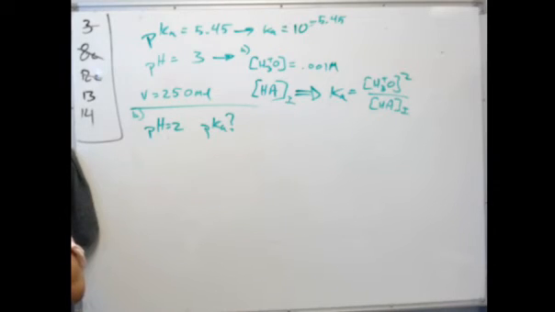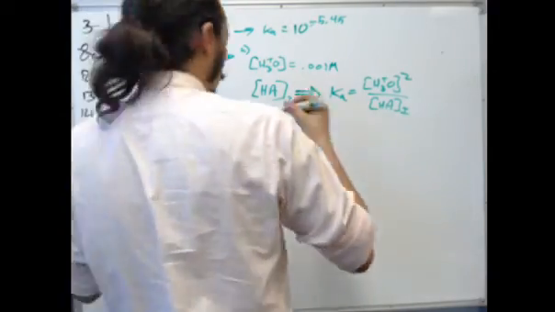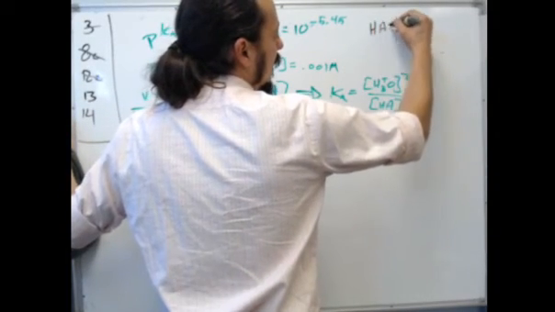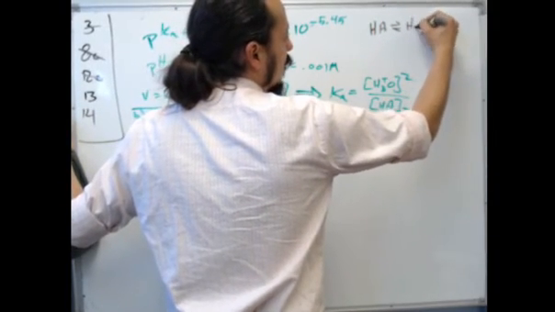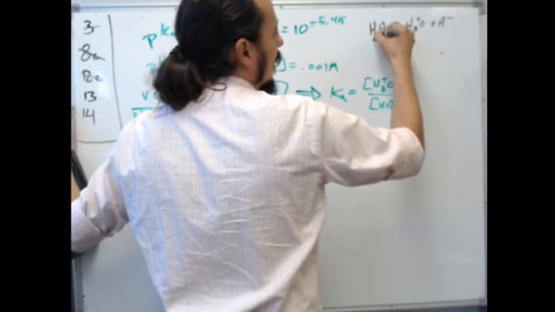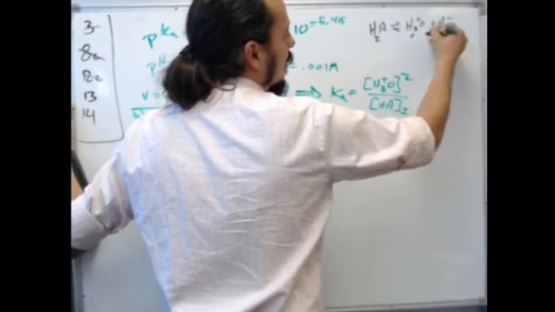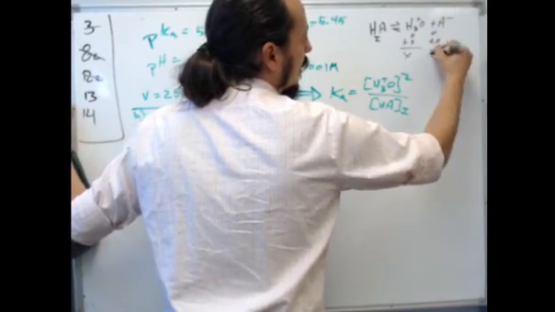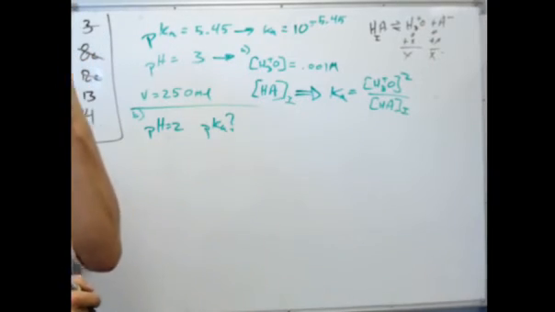Why is the H3O plus squared? Because remember, if we're looking at a generic acid, HA goes to H3O plus and A minus. We've got our initial, we've got 0, 0, minus X, sorry, plus X, X, X, because of the 1-to-1 ratio.